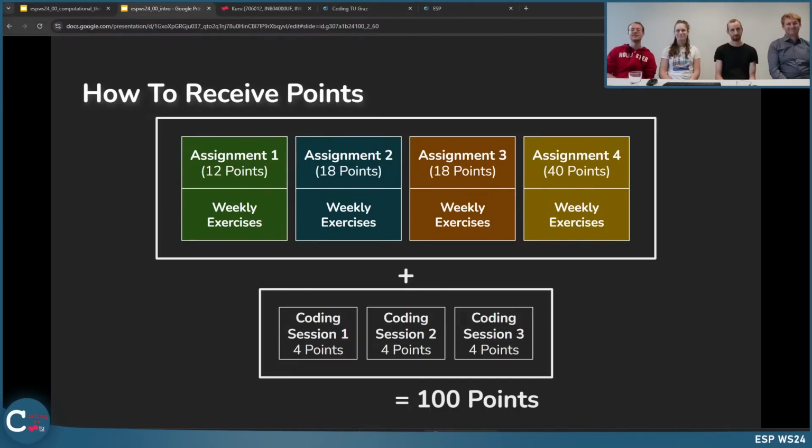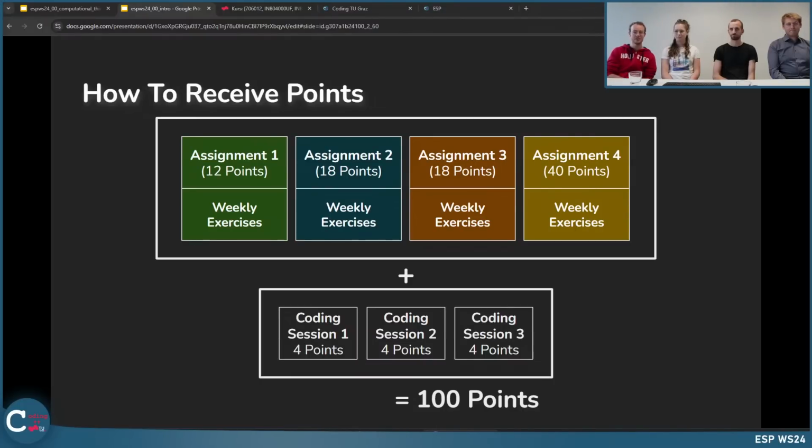How to receive the points? In total, there will be 100 points in the practicals. And as you can see in this slide, the assignments are far more important than the coding sessions. So we have these 4 assignments, and you get between 12 and 40 points for them.